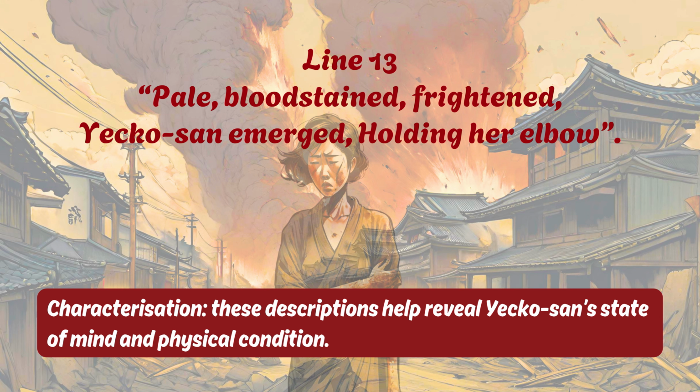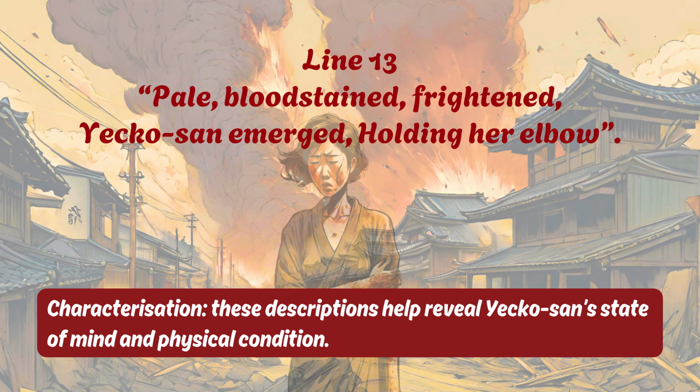Now, these descriptions of blood-stained and frightened help reveal Yecko-san's state of mind as well as her physical condition. She is not only injured but also terrified, which makes her more relatable and humanizes the situation.